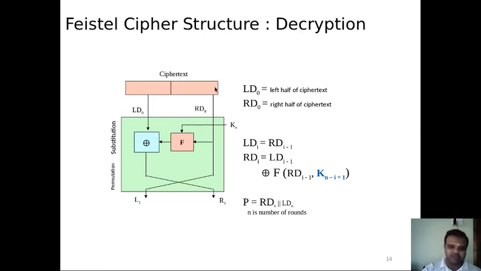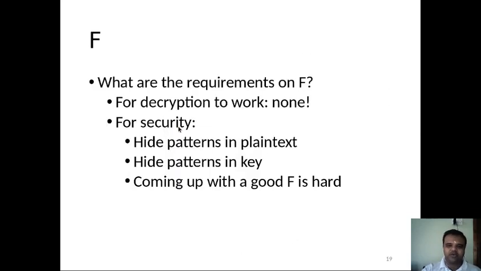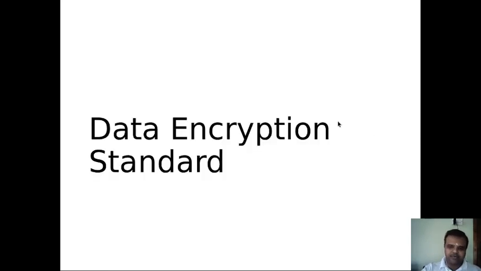Okay, so this is the decryption structure. So the ciphertext and the key have to be mapped in some way, the F function as we call it. For the F function, you need not have any particular characteristics, but let us see how things work.